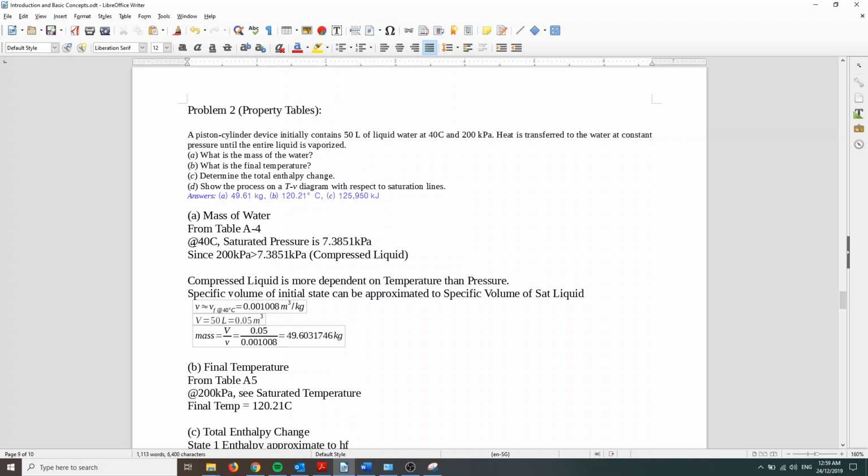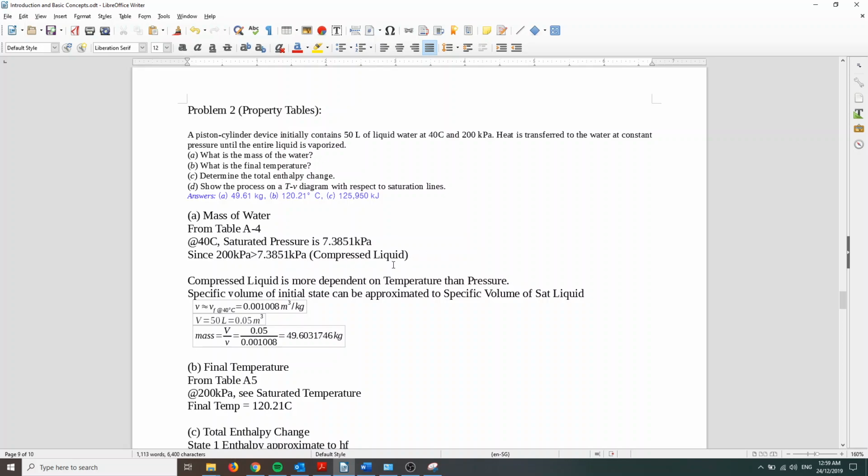Looking at 40 degrees Celsius from table A4, we realize that the saturated pressure is 7.3851 kilopascal. However, 200 kilopascal, which is the initial state, is more than the saturated pressure. This means the pressure is actually pressing the water molecules down. It's nowhere near evaporating, and in fact this is a compressed liquid state.